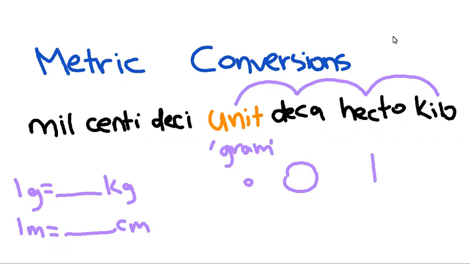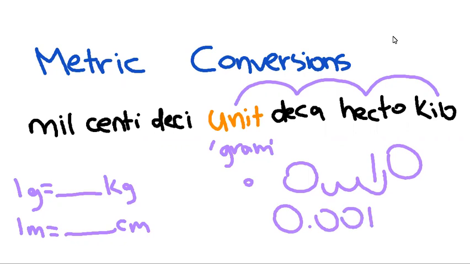So remember the decimal point, and move it 3 times to the left: 1, 2, 3. That gives you 0.001. You can check again to make sure it was 3 jumps. Therefore, that's the answer to number 1.